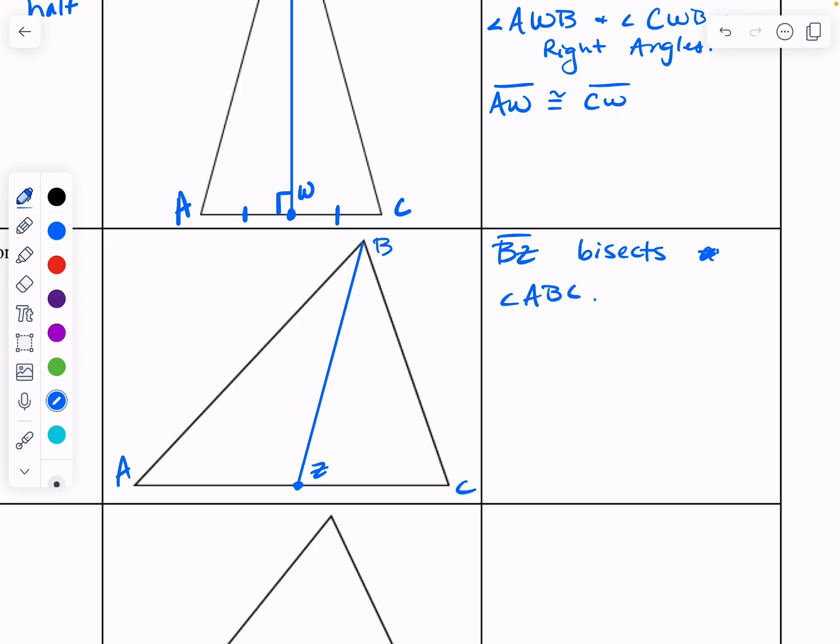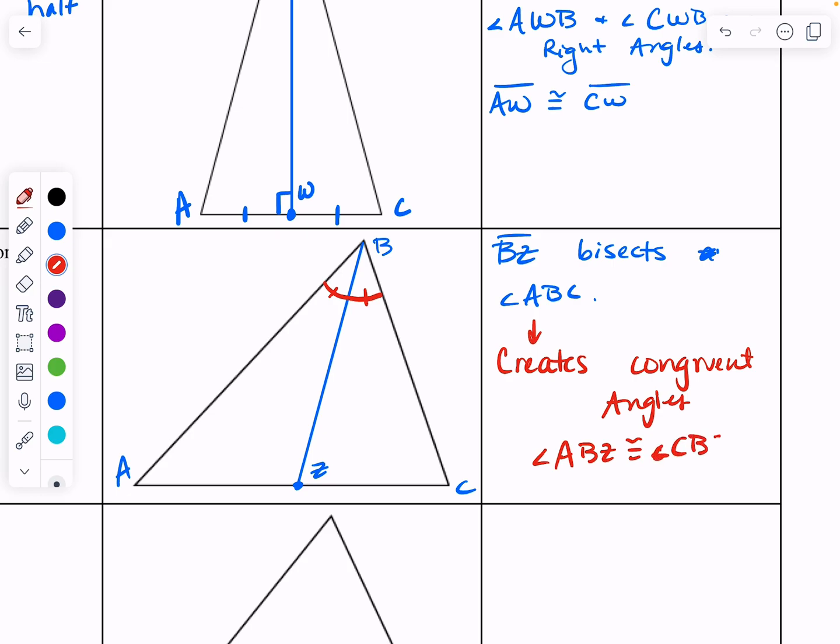If that's bisecting the angle, that means it's taking this entire angle and cutting it in half, which will leave me with 2 equal parts. So this creates congruent angles. In this case, I would say angle ABZ is congruent to angle CBZ.